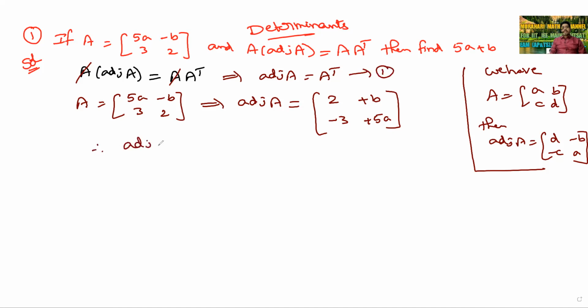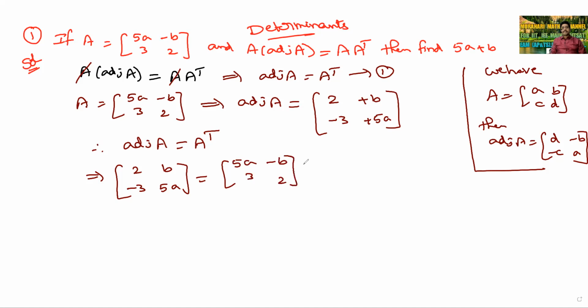Therefore, adjoint of A is equal to transpose of A. Adjoint of A we have got 2, B, minus 3, 5A, equal to transpose of A. A is given as 5A, minus B, 3, 2, and its transpose is 5A, 3, minus B, 2.